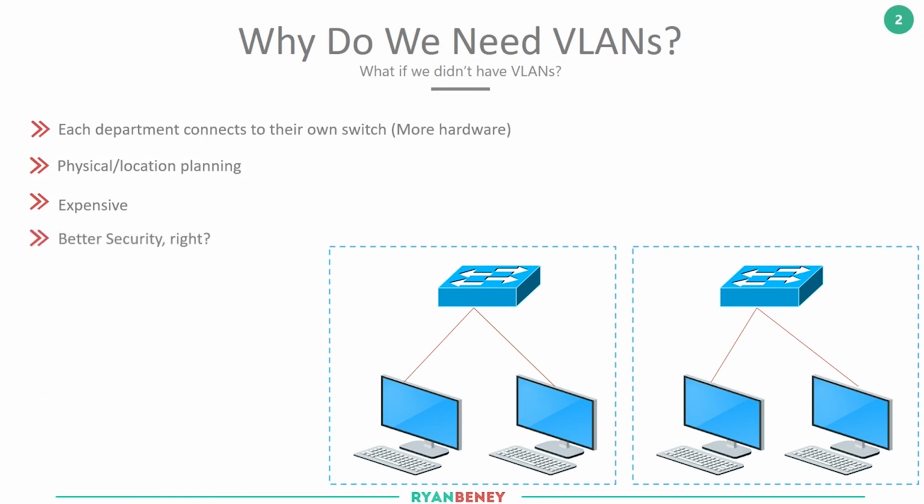And you might think, well, surely if everyone has their own switch and everyone connects into their own broadcast domain, then it must be better security. But actually, if we think about it, we have less control. It's great for security outside our broadcast domain.